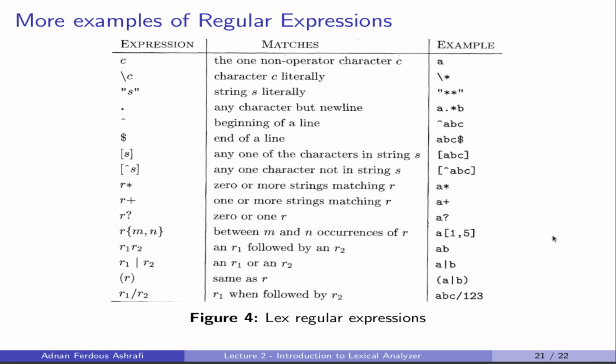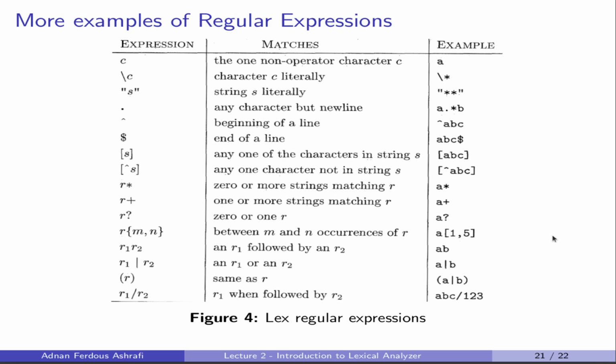So then comes concatenation R1 R2. So that means R1 will be followed by R2. So for example AB, প্রথমে A থাকবে তারপরে B থাকবে. Then comes union or R1 or R2.